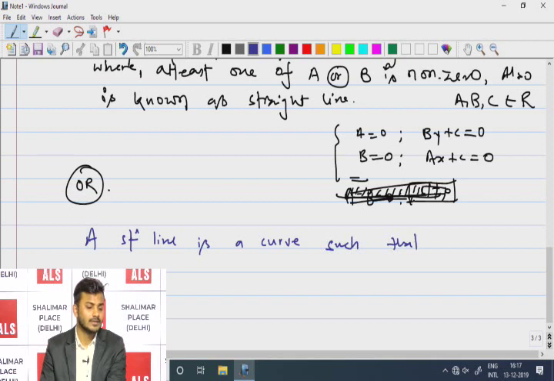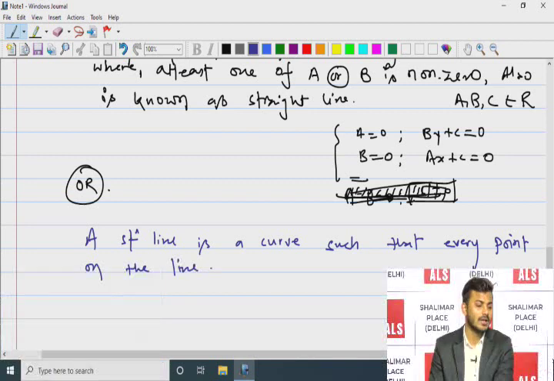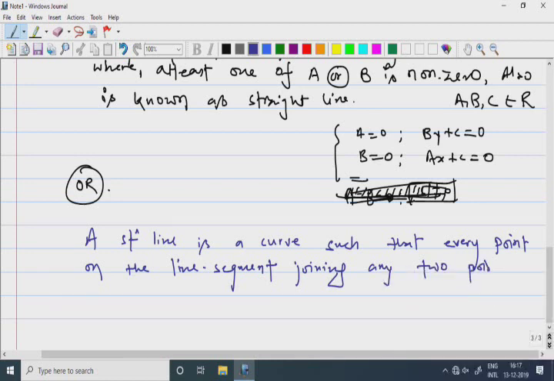such that every point on the line segment joining any two points on it lies on it.